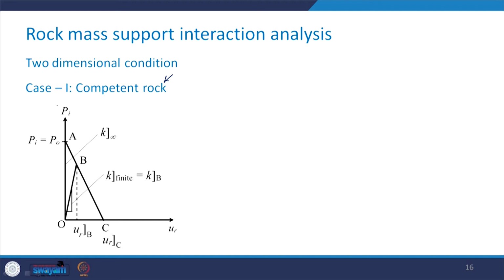Now, this Pi is going to be the radial support pressure, and in this figure you can see that this Pi has been plotted against the radial deformation, which is UR. So, UR is the radial deformation.